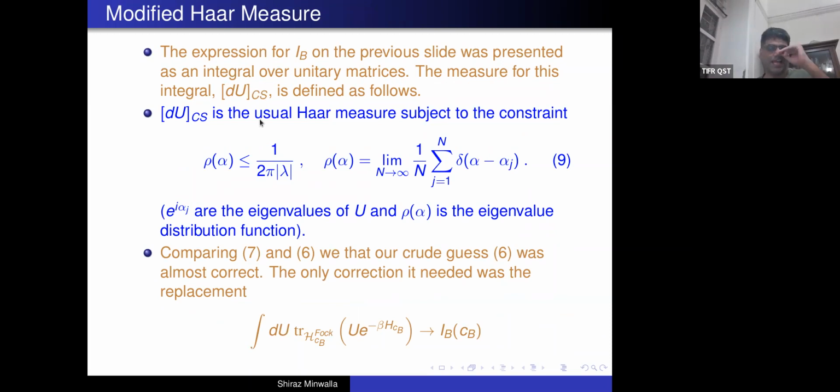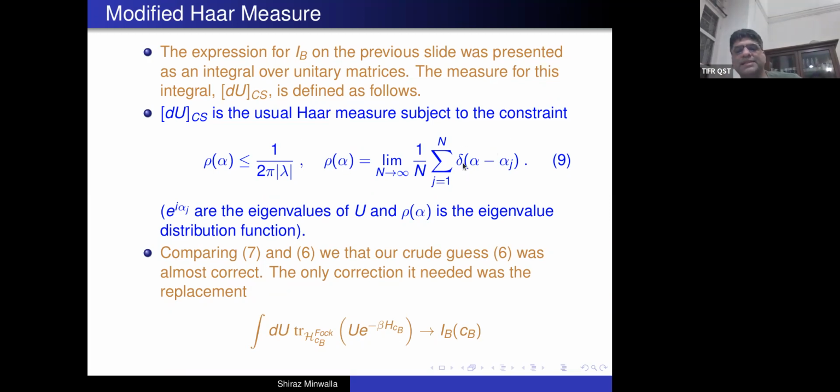I'm going to explain what the structure is in the large N limit, because this answer is only correct in the large N limit. In the large N limit, the integral over the Haar measure can be recast into an extremization or an integral over an eigenvalue density function of the unitary matrix. The eigenvalue density function, as usual, is defined here.